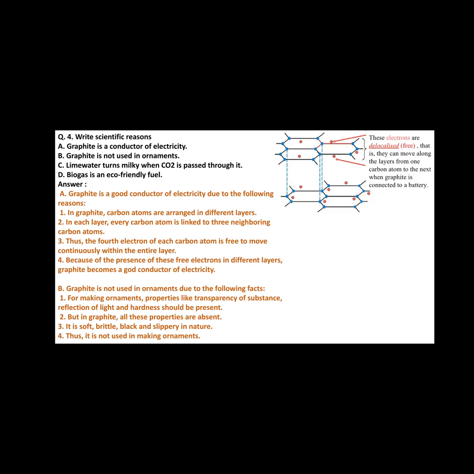These electrons are delocalized, free, that is, they can move along the layer from one carbon atom to the next. When graphite is connected to a battery, these free electrons are responsible for the conduction of electricity. Because of the presence of these free electrons in different layers, graphite becomes a good conductor of electricity.